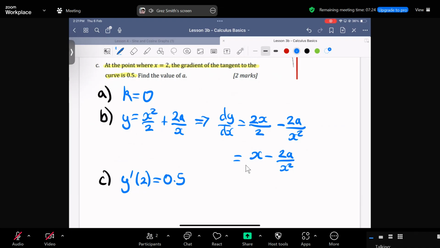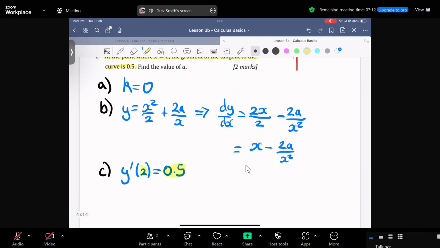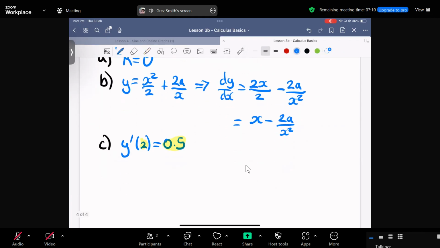That's what this says. It says that the point where x equals 2, that's this, the gradient of the tangent to the curve, that's this, or the derivative, is equal to 0.5. So putting 0.5 equal to our derivative, and then inserting x equals 2, will give us an equation like this one.